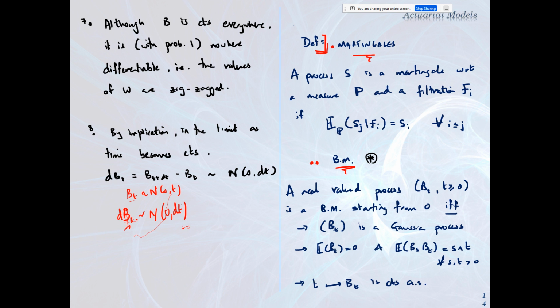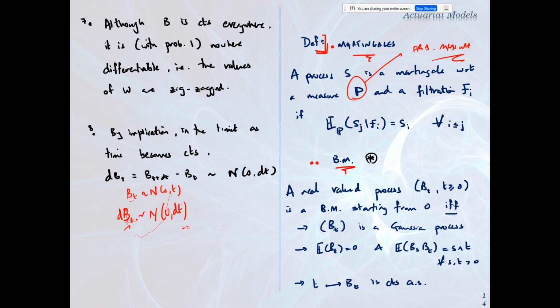Good. So I define a martingale here. Process S is a martingale with respect to a probability measure P. Because we will see later on that when we work with option pricing on a given stock, we can do the fair pricing only using the risk neutral probability measure.